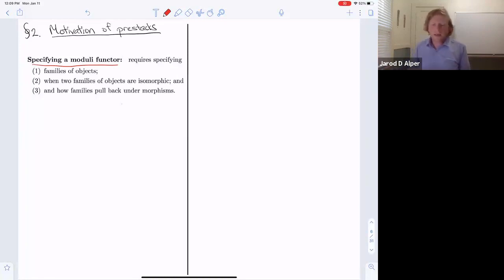And then you specify when two objects are isomorphic and how families pull back. So the main difference between a moduli functor and a moduli prestack is just changing the when to how. That's the only difference. We now don't want to just give an equivalence relation on families. We want to remember the equivalences.